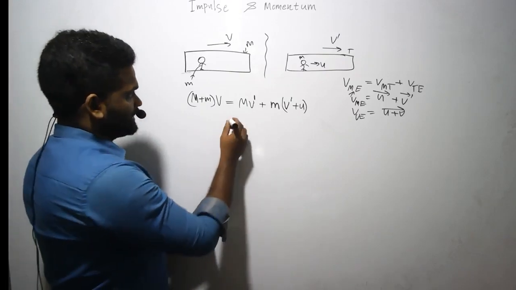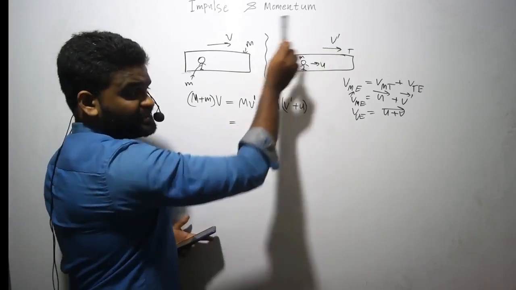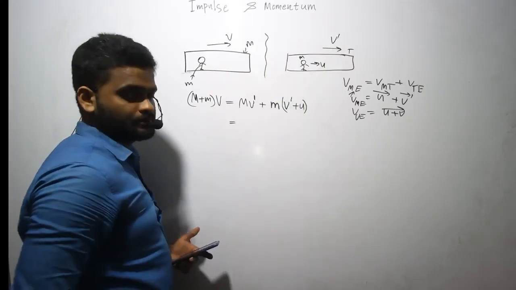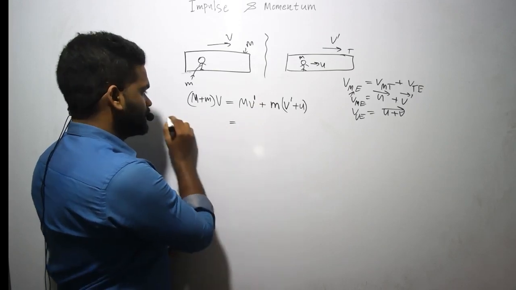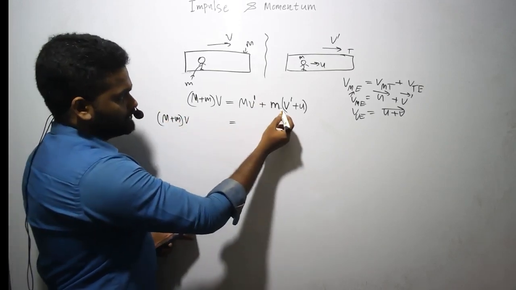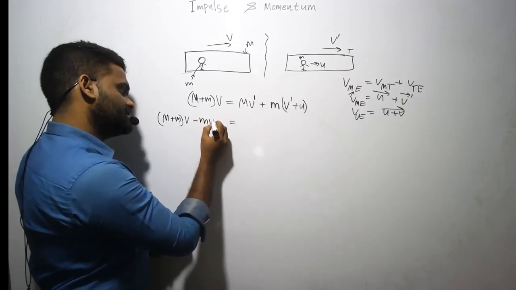But that takes practice. Here what you have to find is v dash, which is the velocity of the trolley after the man starts moving. So I have to make v dash the subject. I'll keep that here, and you get mu from this term. I'll put it to the other side, minus mu.